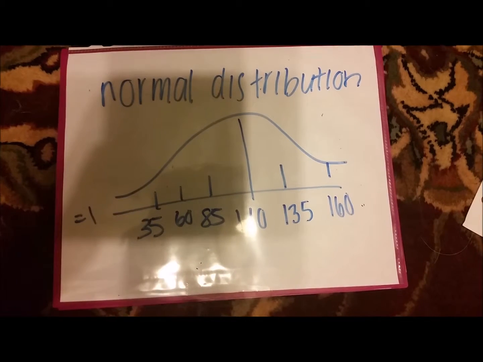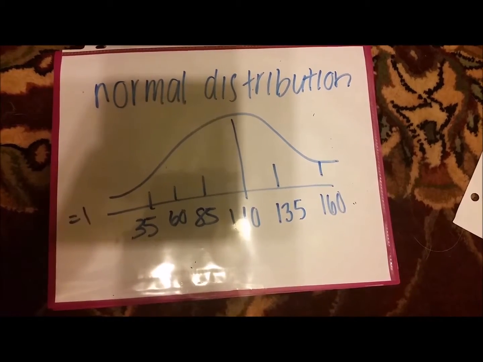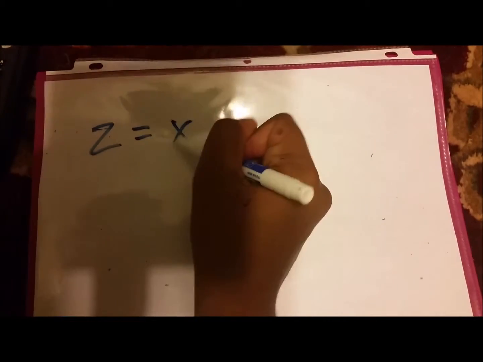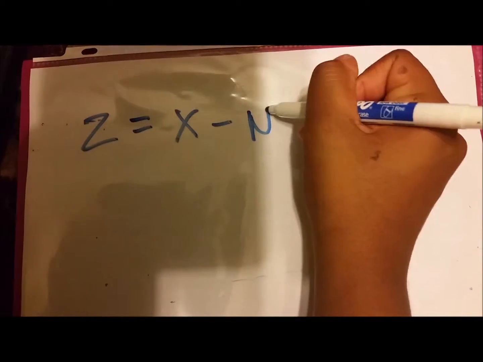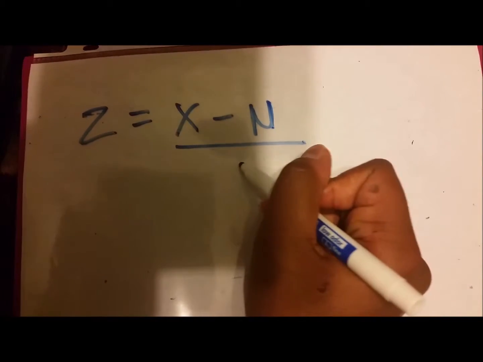So for question A, it is asking what percent of people aged 20 to 34 have IQ scores above 100. So to find this, you need to know the z-score formula, which is z equals x, which is the original observation, minus mu, which is the mean, over little sigma, which is the standard deviation.